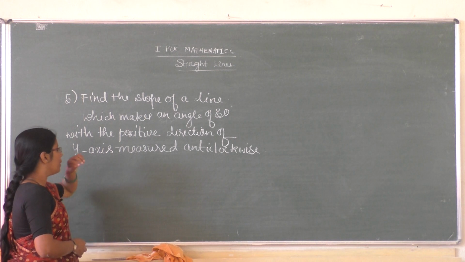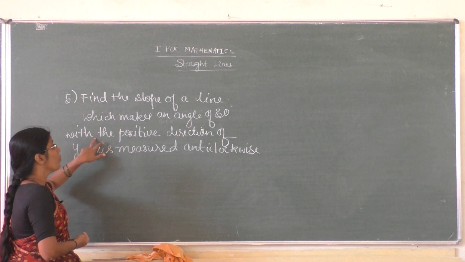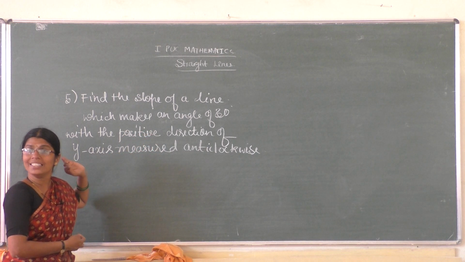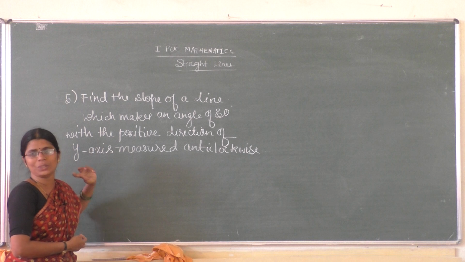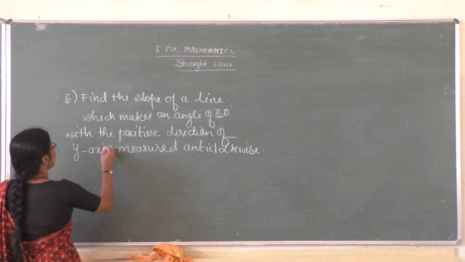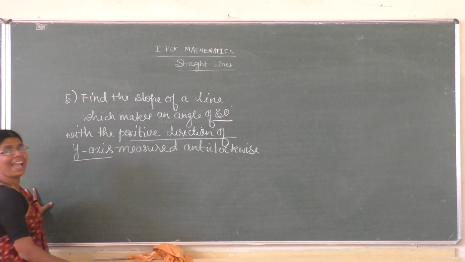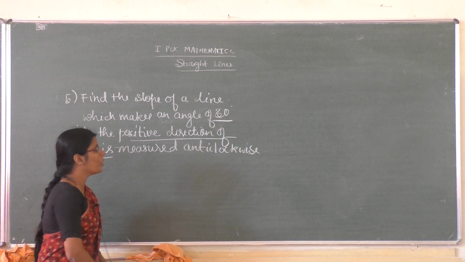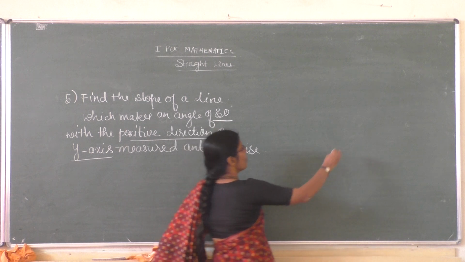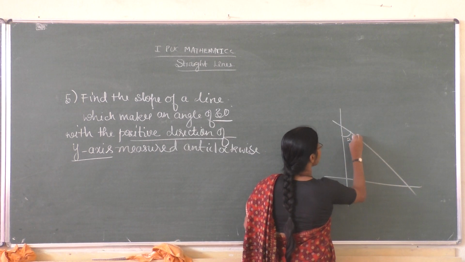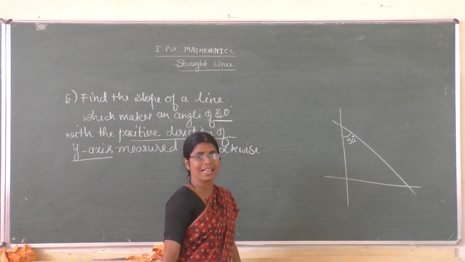See, here is the difference in the question. Always, if the angle is given with the positive direction of x-axis, then you can directly take the slope equal to tan theta. But here the angle is with the positive direction of y-axis. Clear? So suppose a line makes an angle 30 degree with the positive direction of y-axis.